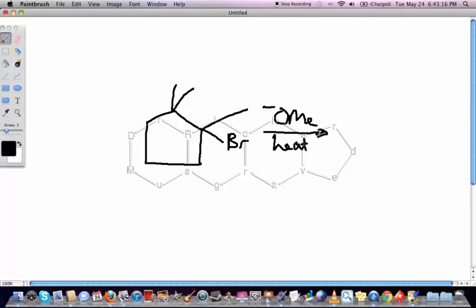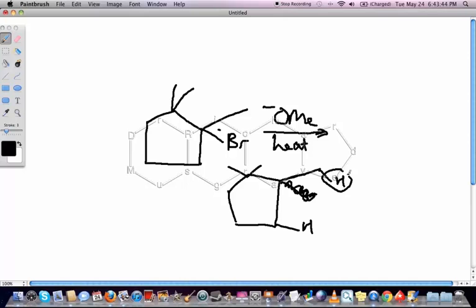Now when the elimination product forms, we can take off the Br, and I'll show that over here. We can take off the Br and we can draw a double bond out to any carbon that actually has a hydrogen attached to it. So this one would have a hydrogen here, this one would have a hydrogen here, and these are the hydrogens that end up getting removed.